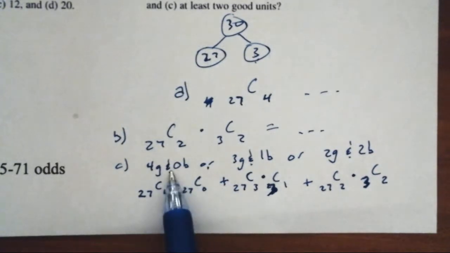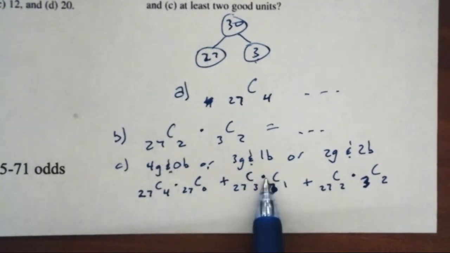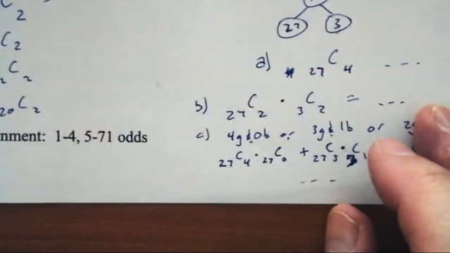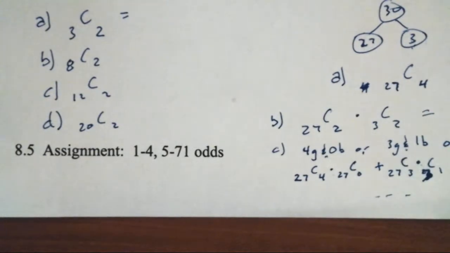So that's a really good visual, I believe, of how we handle ands and ors. Ands times, ors pluses. And I'll leave that to you. And there is our assignment. And let me know what I can help with.